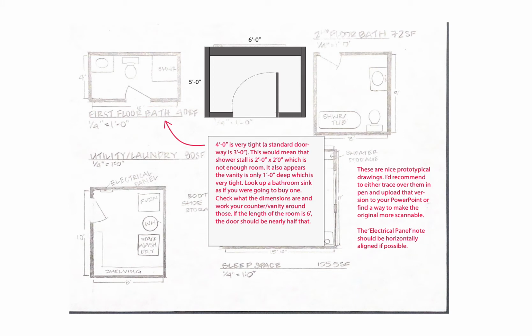Here are some more prototypicals. The first thing I noticed is that these are nice and legible. The line weights, even though they're pencil and you can tell that they're a little lighter, are very consistent. So I would either recommend tracing over them with pen or finding a way in PowerPoint to touch up where you see where my cursor is here.